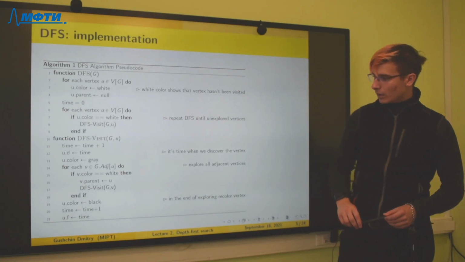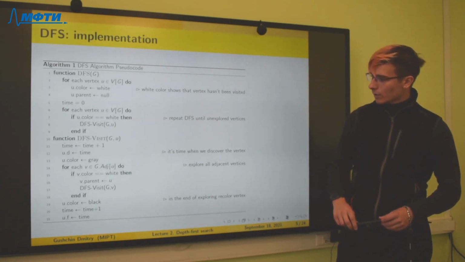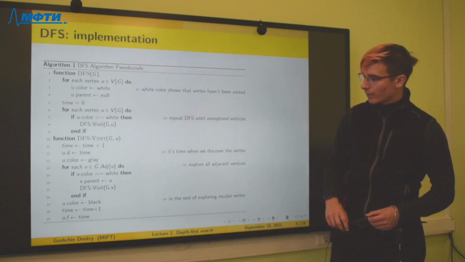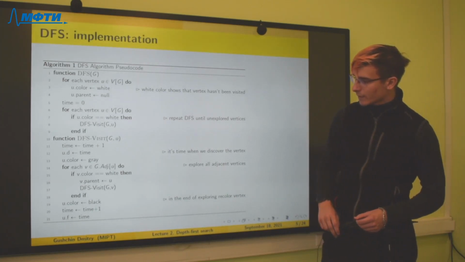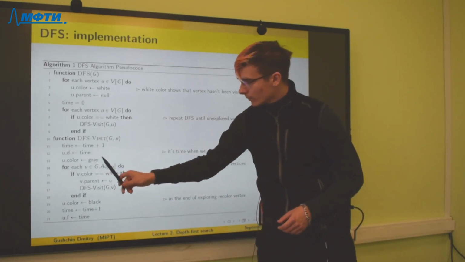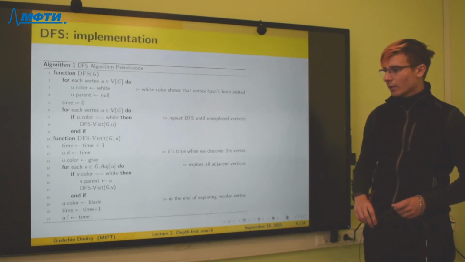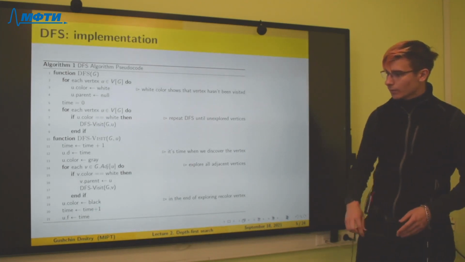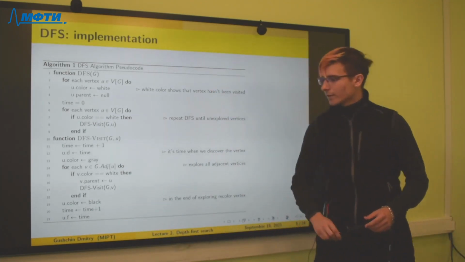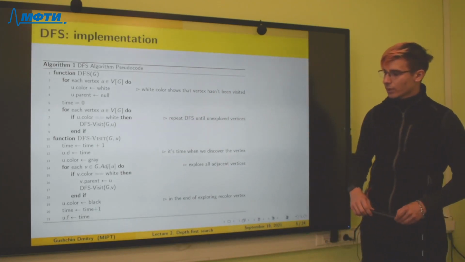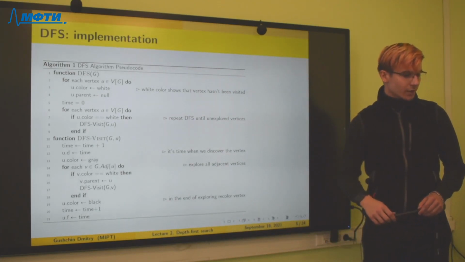Then, when we finish exploring all adjacent vertices to the vertex U, we say that it's the time when we finish with vertex U, and set the finish time equal to the time that we have.